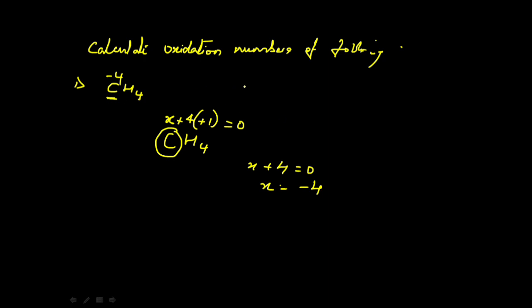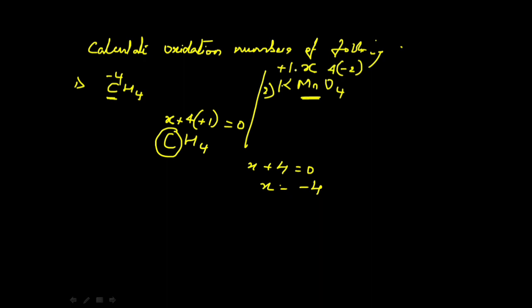Take a second example, a simple example. In potassium permanganate, KMnO4, calculate the oxidation number of manganese. First write down the molecule, KMnO4. I have to calculate the oxidation number of manganese. I will take this as X, and as you know, potassium exhibits +1 oxidation state and oxygen exhibits -2, but there are 4 oxygen atoms, so 4 into -2.